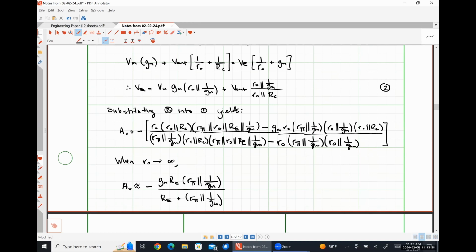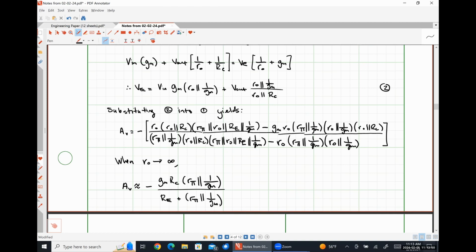So what we see is we have this other term that's a ratio, R pi in parallel with 1 over GM divided by RE plus R pi in parallel with 1 over GM. Looks vaguely voltage divider-ish, right? What is it doing? Well, it's making the gain smaller, right?